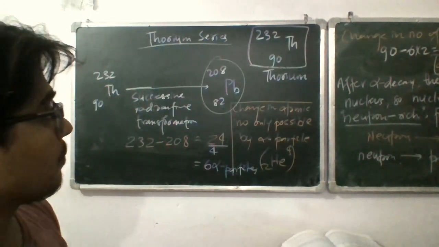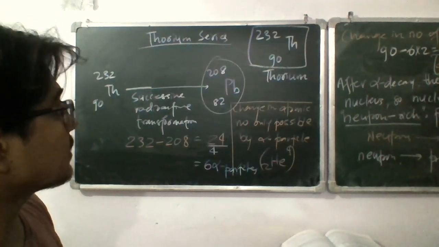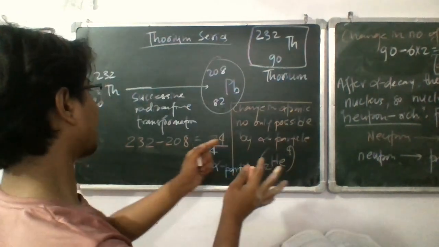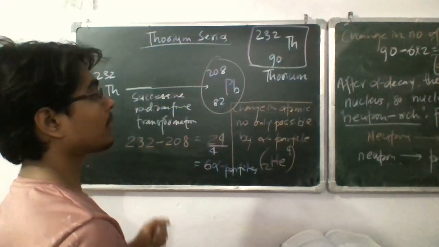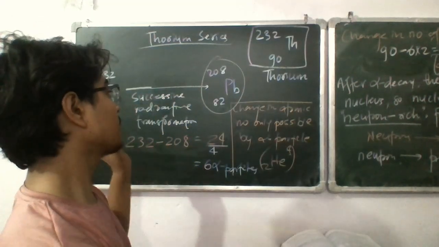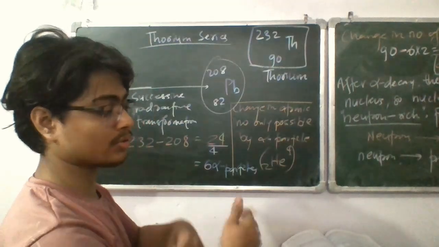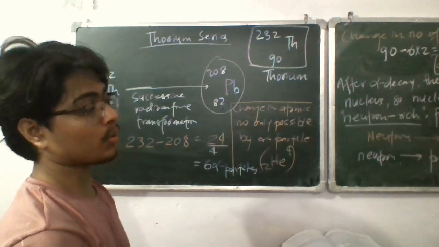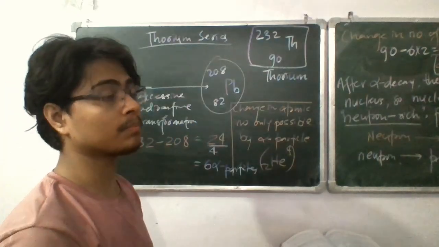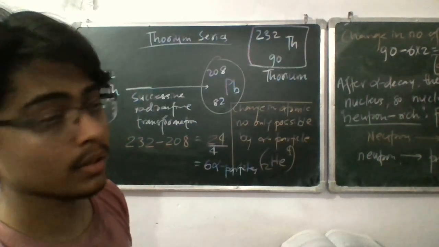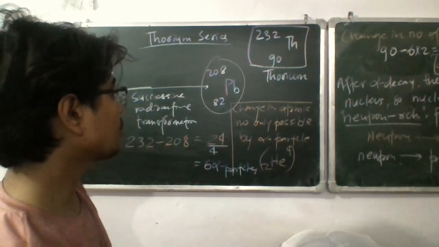If you see this reaction, I have just clumped everything inside a single equation, but actually it's a series of radioactive transformations from one element to another until it reaches the most stable element.